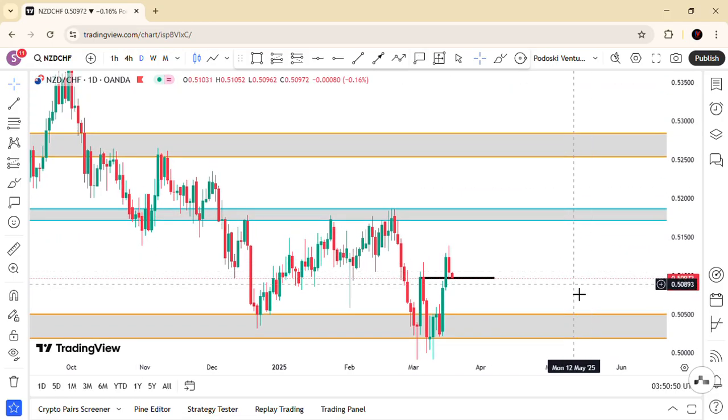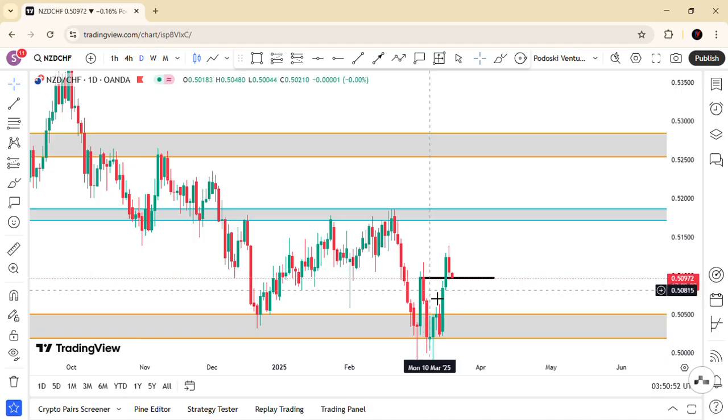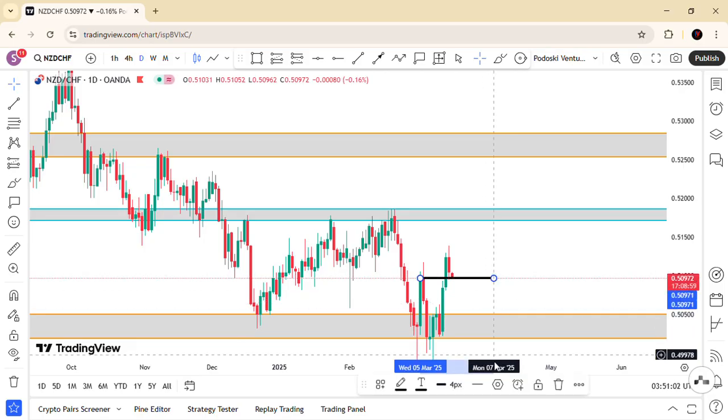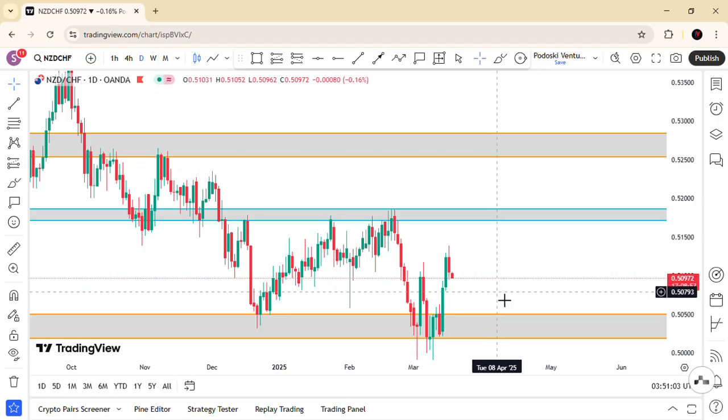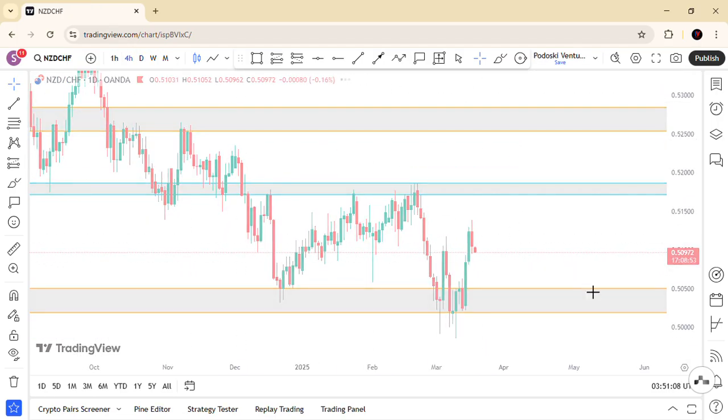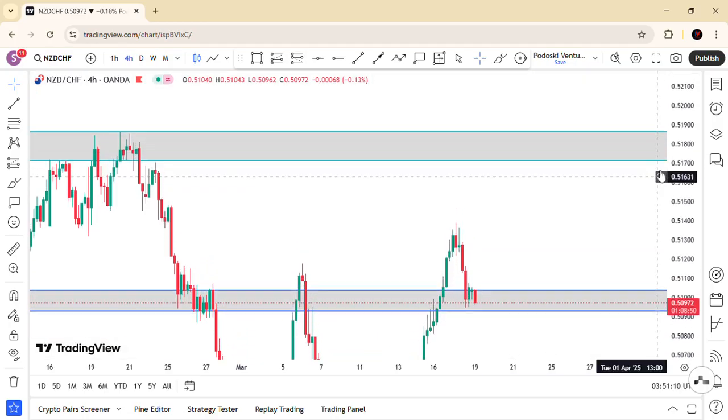So ensure you look for buy opportunities all the way up to the monthly resistance zone. On the daily time frame, there is not much to say, so let's go to the 4 hour and look for an entry.